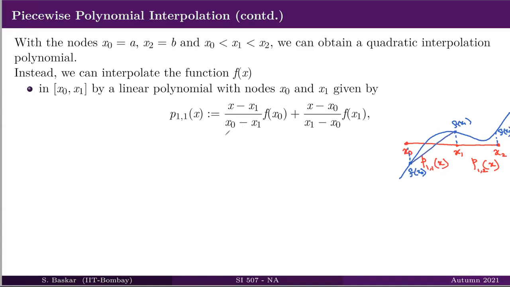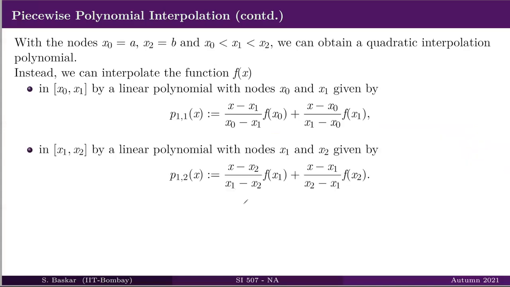So you can also write it in the Newton's form or Lagrange form. Here I am writing it in the Lagrange form. Similarly, you can take the second part of this interval, that is x1 to x2, and write the Lagrange form of the interpolating polynomial or Newton's form and get P12 of x, and that is given by this expression. Well, I chose to write in the Lagrange form again.